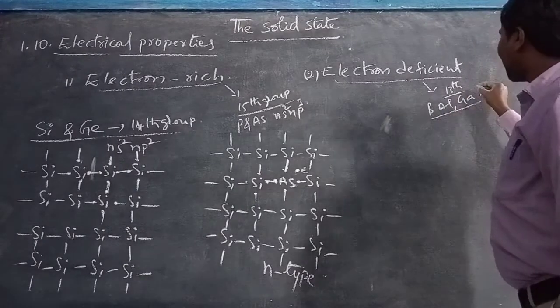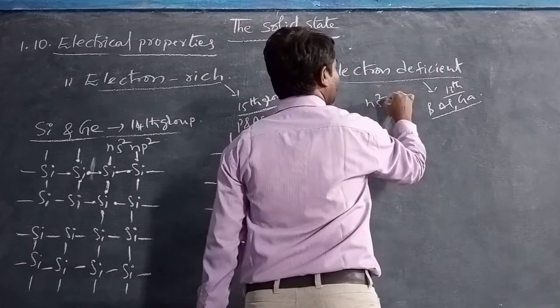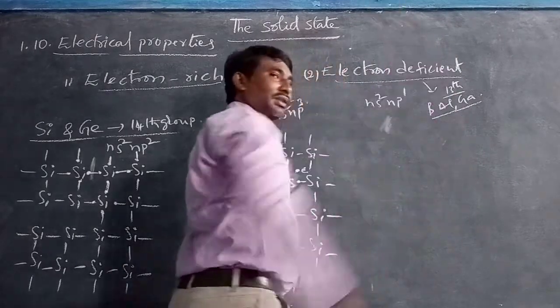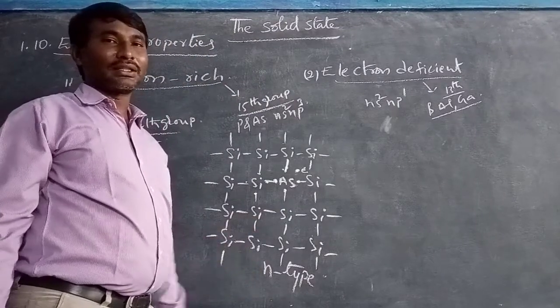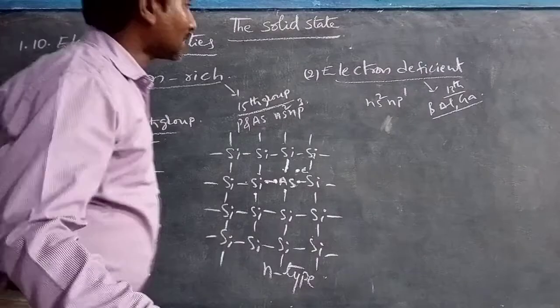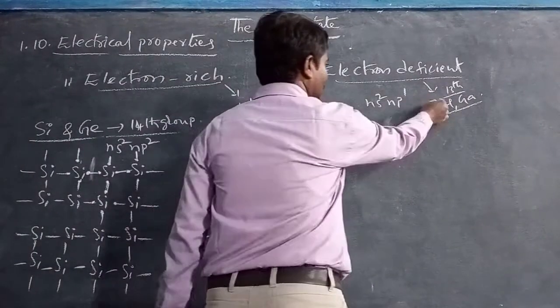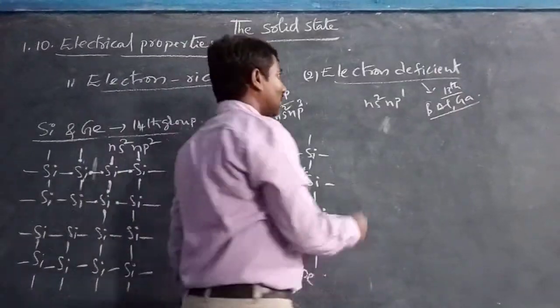What is the electron configuration in the outermost shell? ns2 np1, which means 3 electrons in the outermost shell. So this is doped to the silicon.